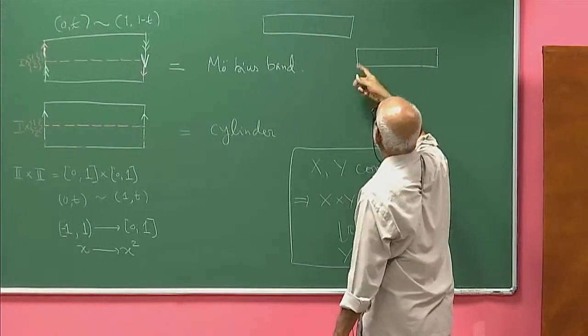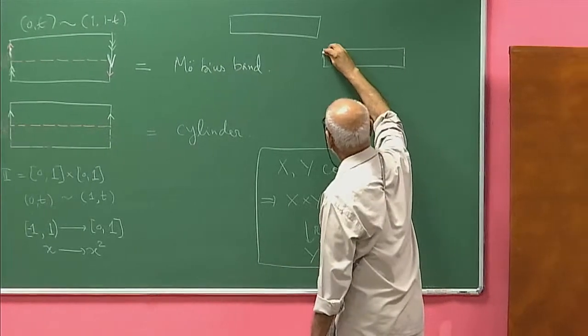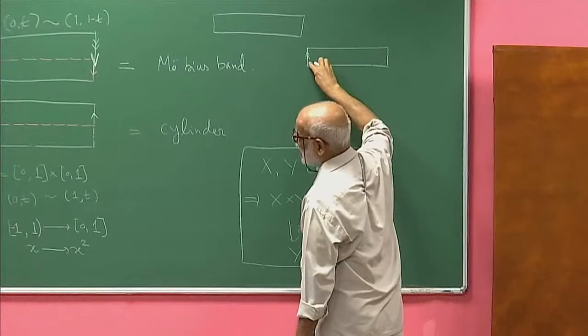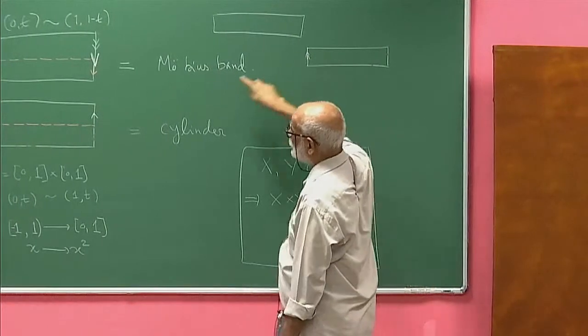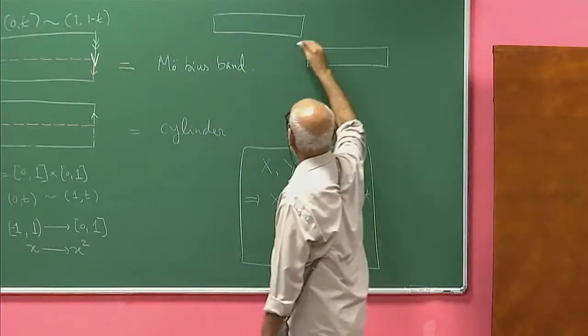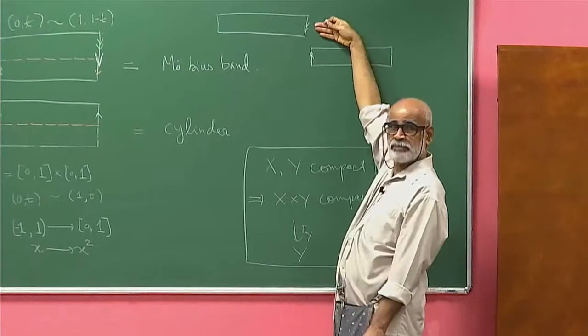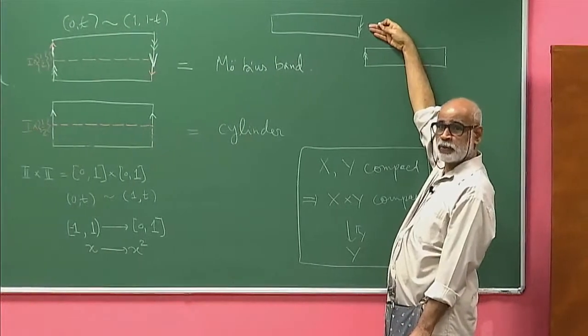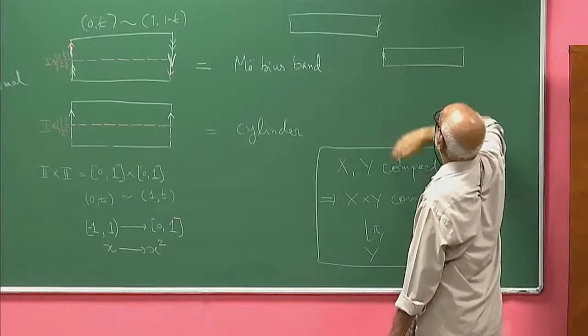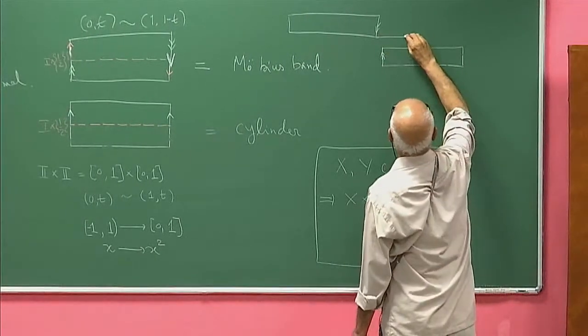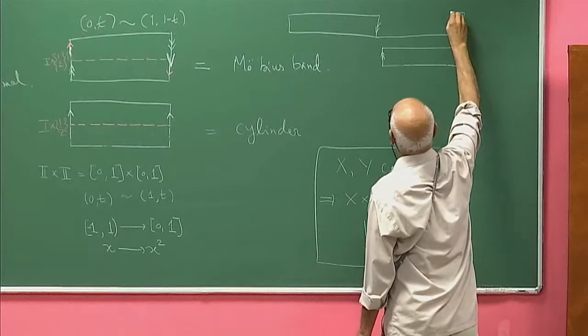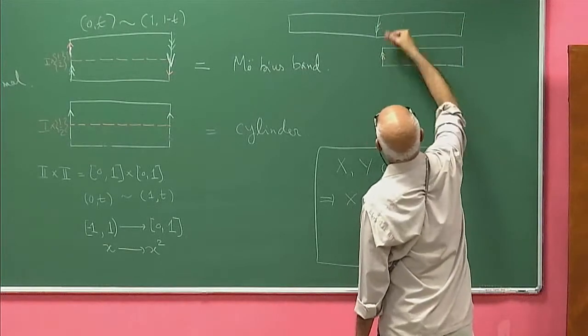Now look at this line here, the double arrow. This is getting identified with what? You see the double line here on this side. Twist it and put it this way. Okay, that's what you have to do. So instead of drawing like this, I can draw this way. Only thing is, this is twisted here.